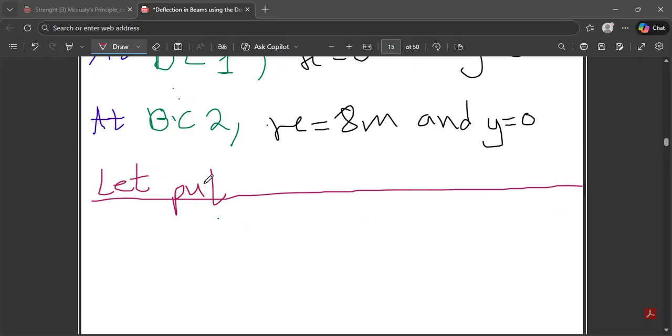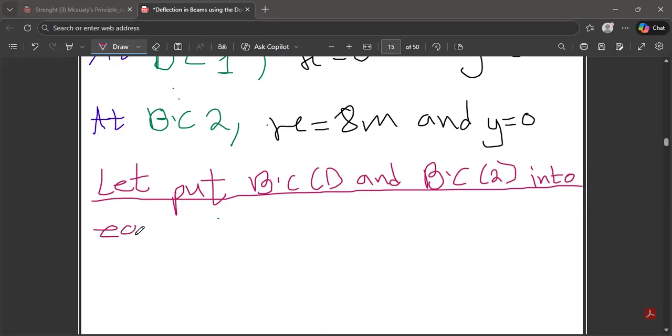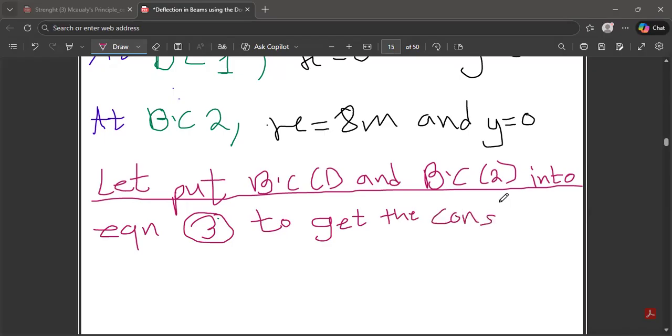Let's put boundary condition 1 and boundary condition 2 into equation 3 to get the constants.